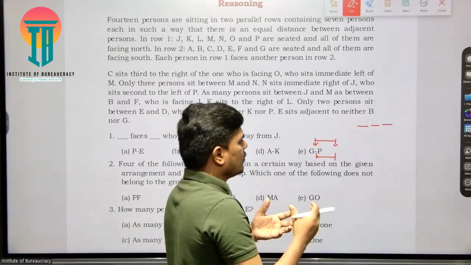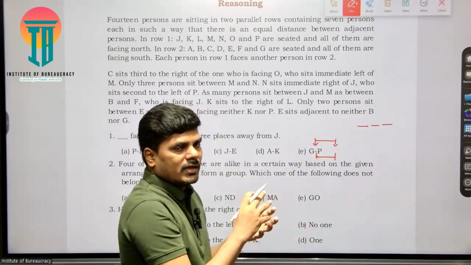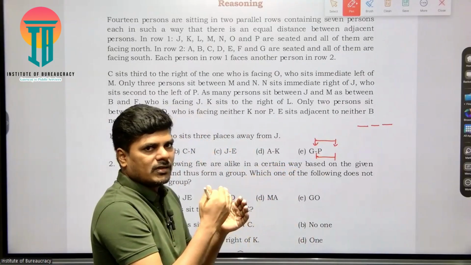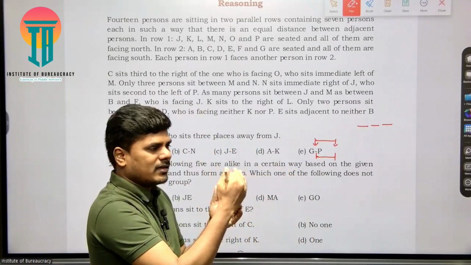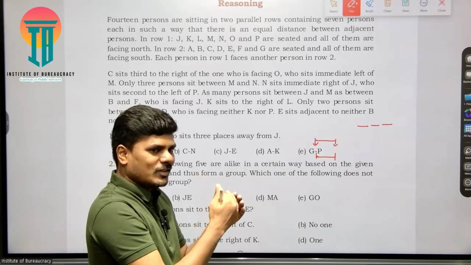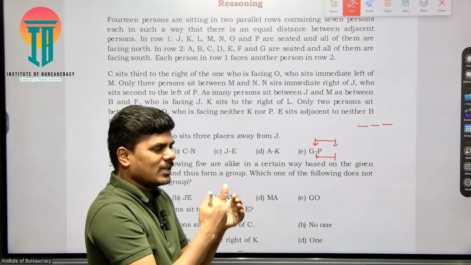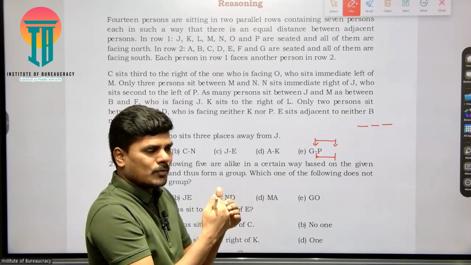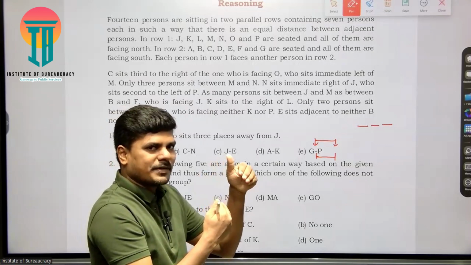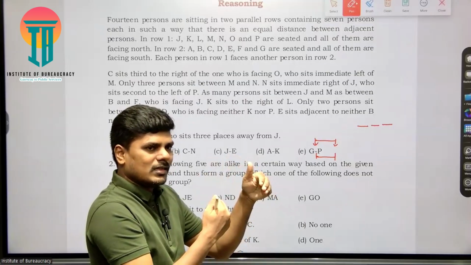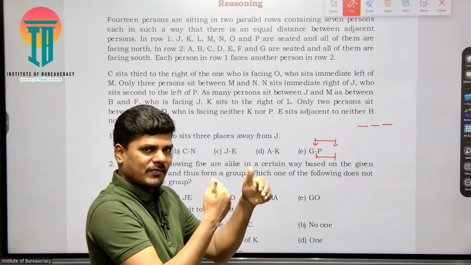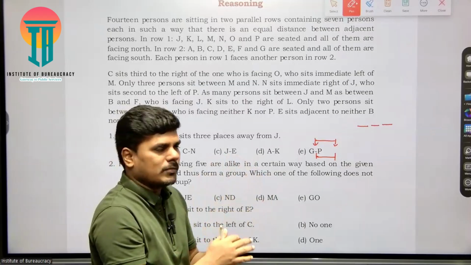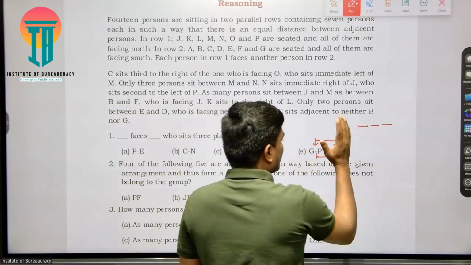They'll give the position value like second to the right, or third to the left. You have to take the position of a particular person properly, and also left or right side. You have to be a little bit careful when you solve this kind of problems.